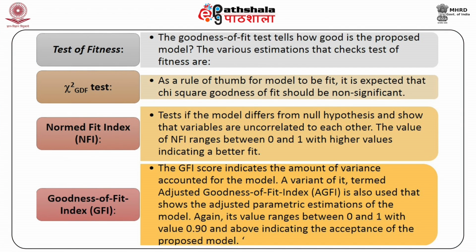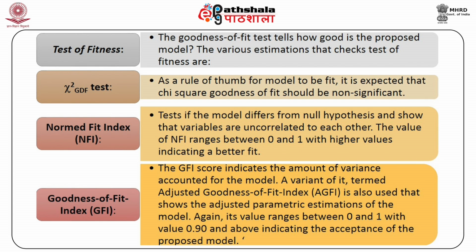Test of fitness. The goodness of fit tests tell us how good is the proposed model. The various estimations that check the test of fitness are the chi-square goodness of fit test. As a rule of thumb, for a model to be fit, it is expected that chi-square goodness of fit should be non-significant.